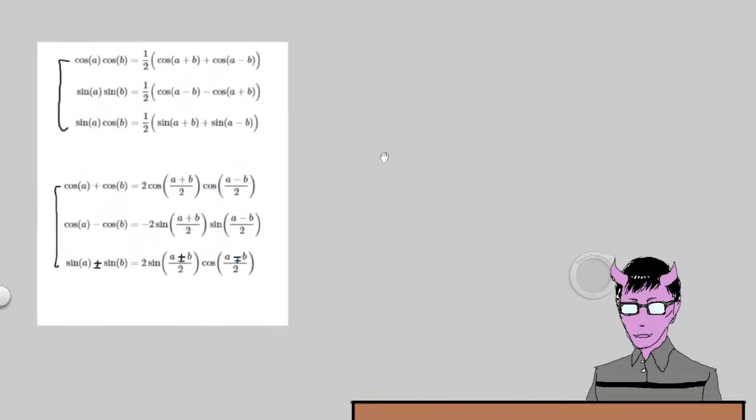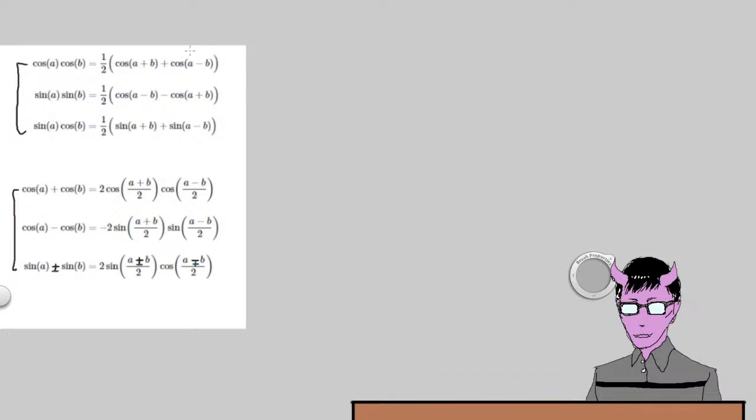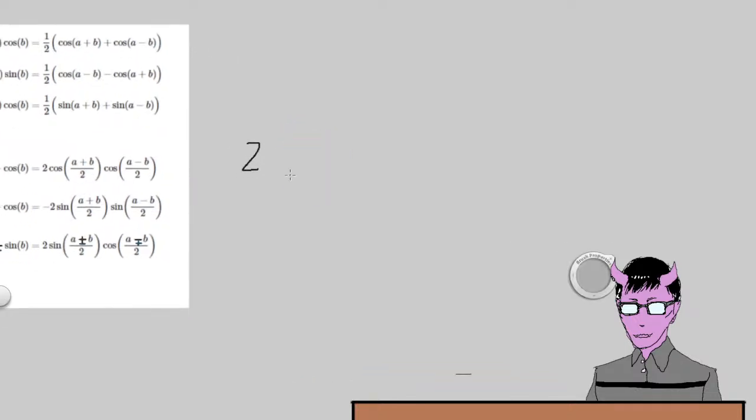Again, you could use either of those two methods. The second one, using this specialized formula, is recommended. But we could also use this one on the situation as well. And I'll show you how to do it. So, starting over again. So we have 2 times cosine pi over 4 times cosine of pi over 12.